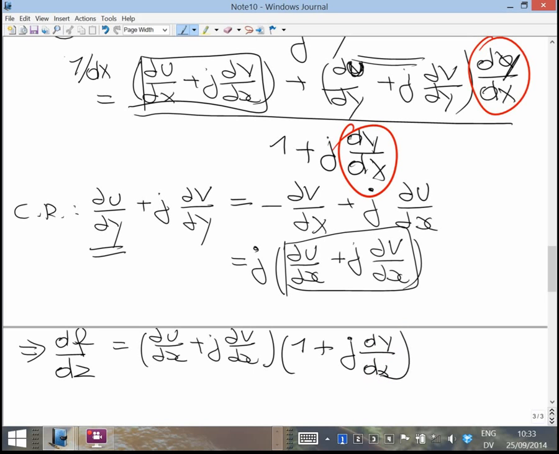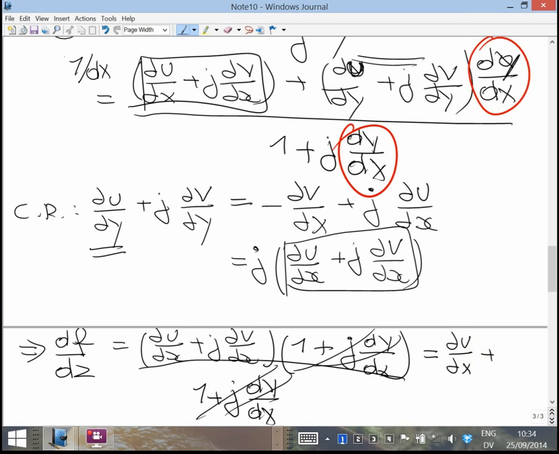This is for the numerator. What about the denominator? The denominator is 1 plus j dy/dx. And that's excellent news because we can cancel these factors. So df/dz turns out to be just du/dx plus j dv/dx.